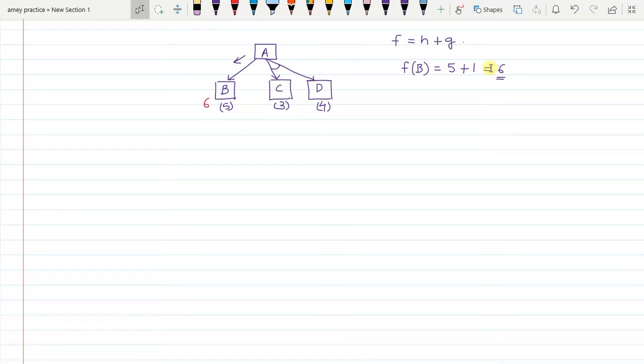Please note, in this problem the updated f values for any node I will be depicting in red color. Since the f value has been updated for B, f of B is now 6, and that value has to be backed up to its parent. So the value of B will be backed up to its parent, so the parent node will get value 6.